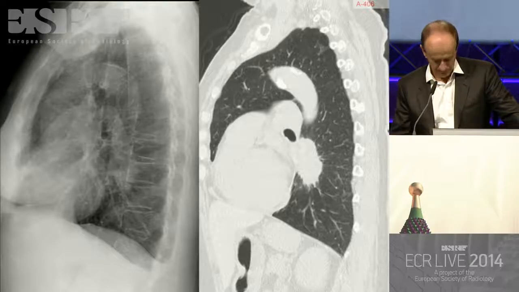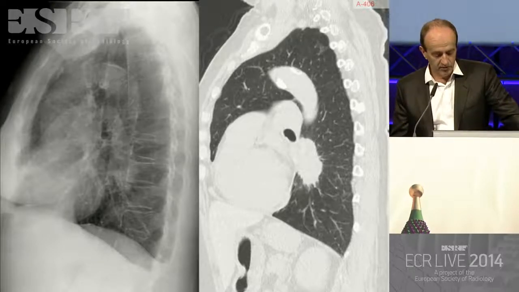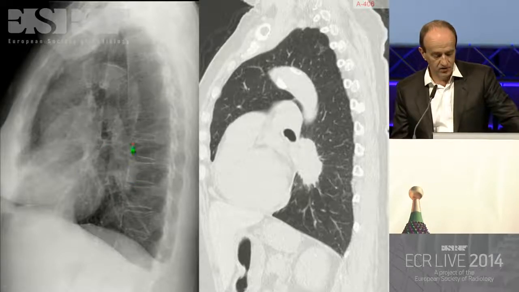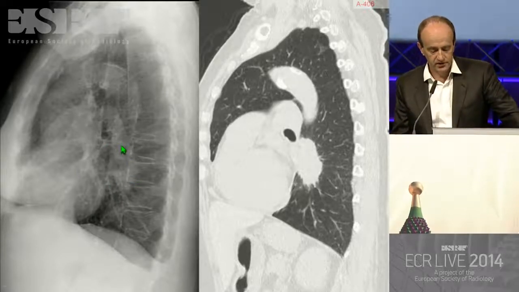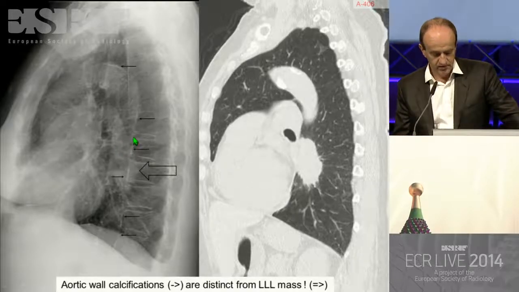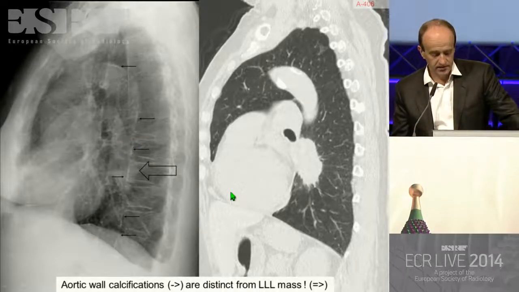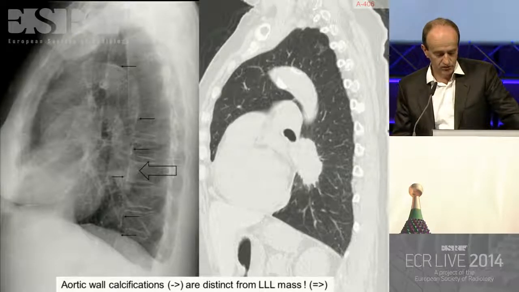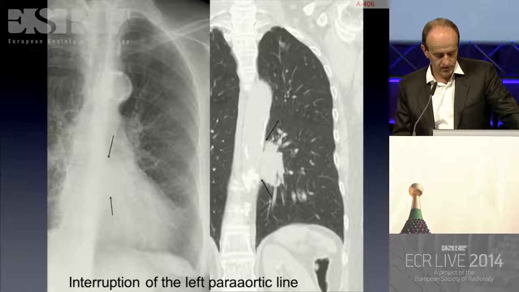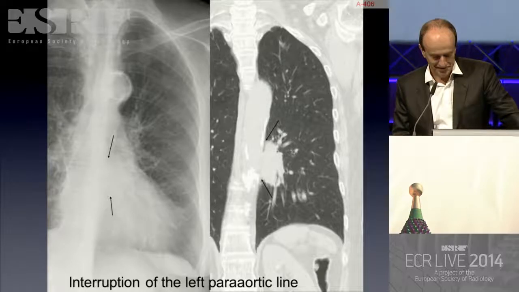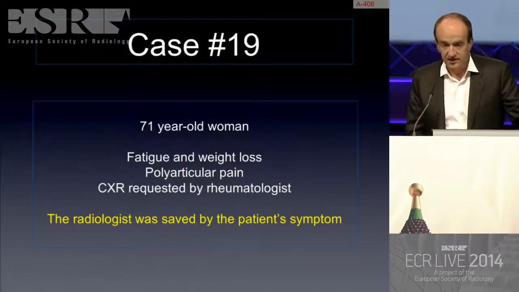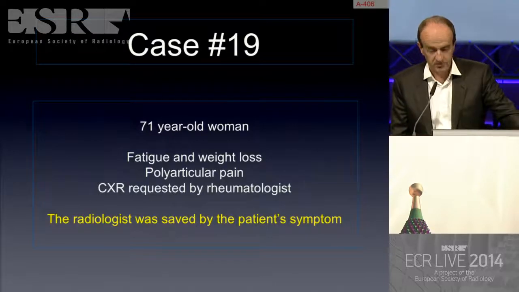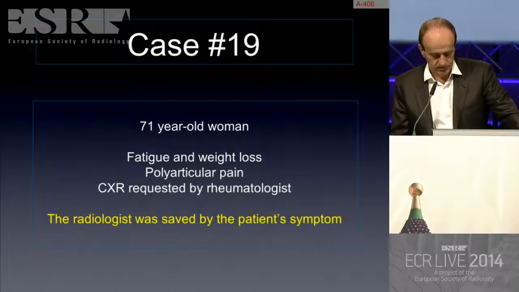On the lateral view, an opacity can be seen that is too large to correspond to the pulmonary artery and that is distinct from the descending aorta that we can recognize thanks to the calcifications. So this opacity is in addition to normal structures, and on the frontal view there is an interruption of the left para-aortic line. In this case, the radiologist was saved by the patient's symptoms and there was no lawsuit.